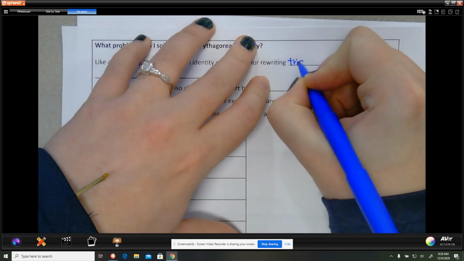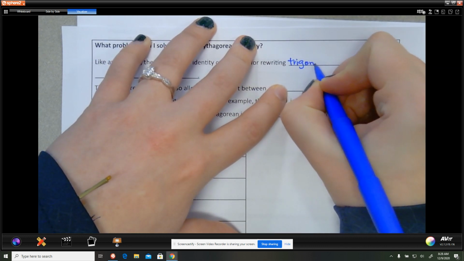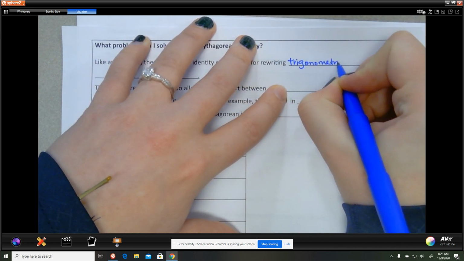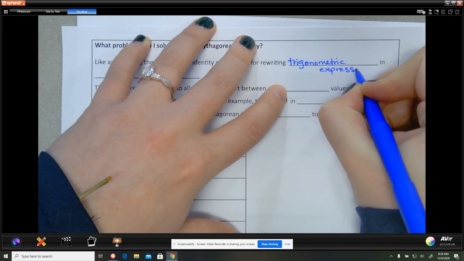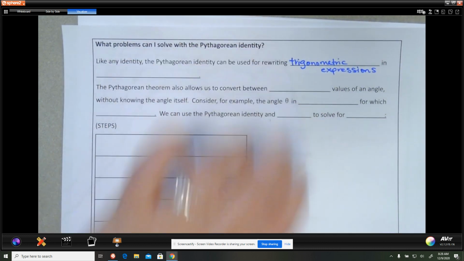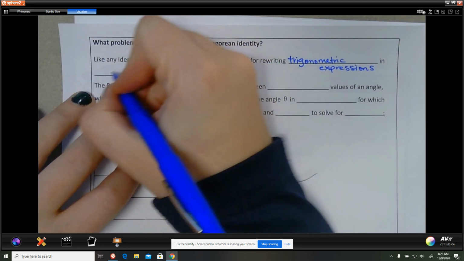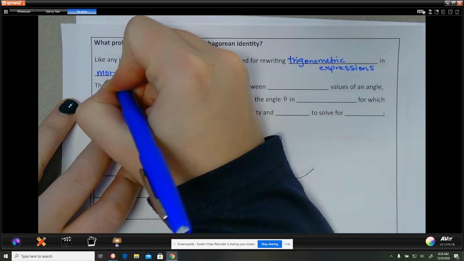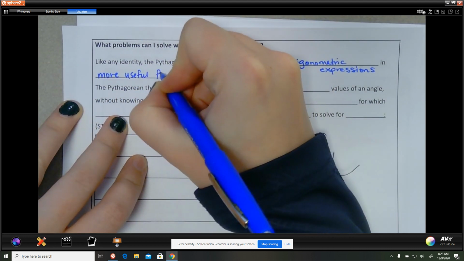Well, you can just write trig expressions if you want. There we go. In equivalent or more useful forms. So I'm just going to put more useful forms.